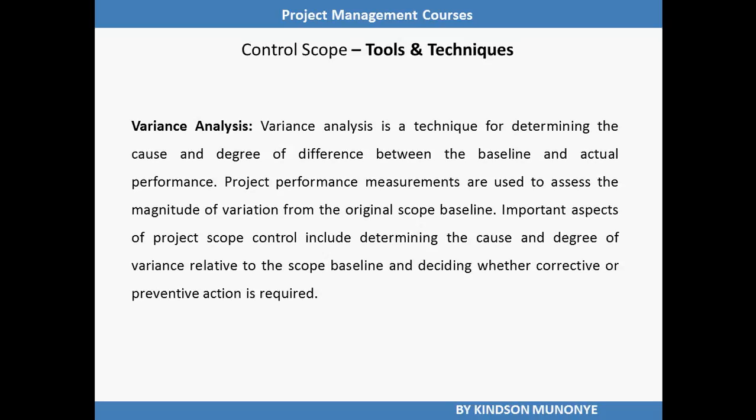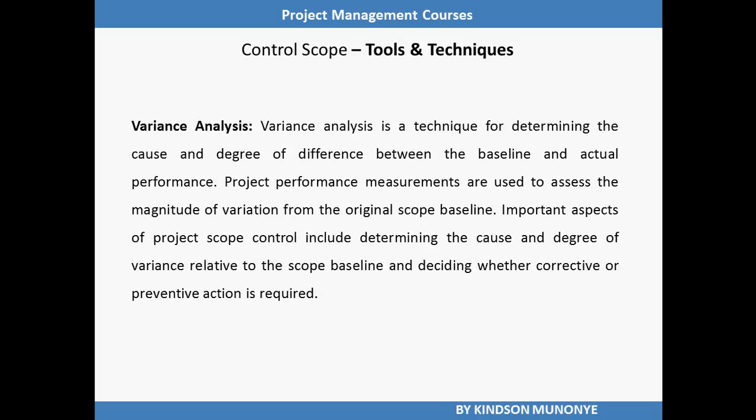Project performance measurements are used to assess the magnitude and variation from the original scope baseline. An important aspect of project scope control includes determining the cause and degree of variance relative to the scope baseline and deciding whether corrective or preventive action is required. And so, variance analysis is used as the single tools and techniques for control scope.